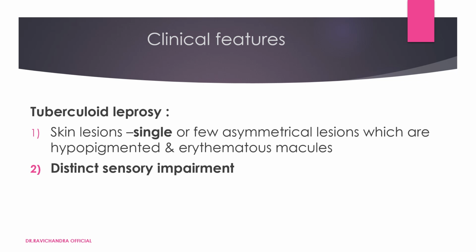Tuberculoid leprosy, skin lesions will be asymmetrical if multiple, or single, they are hypopigmented and erythematous macules. Here distinct sensory impairment is present. In the alphabet, D stands for distinct sensory impairment, which is present in tuberculoid and absent in lepromatous leprosy.